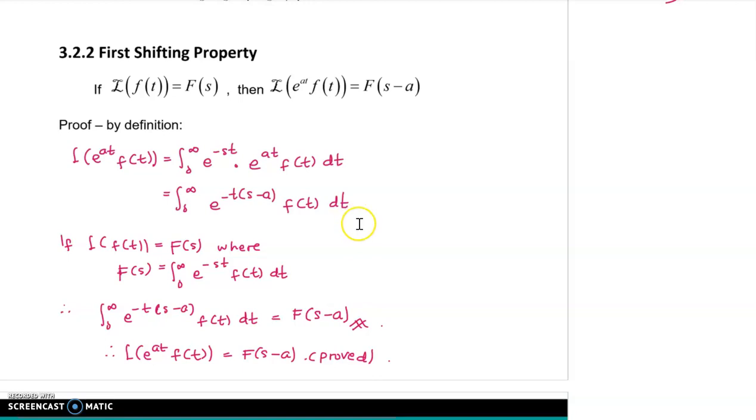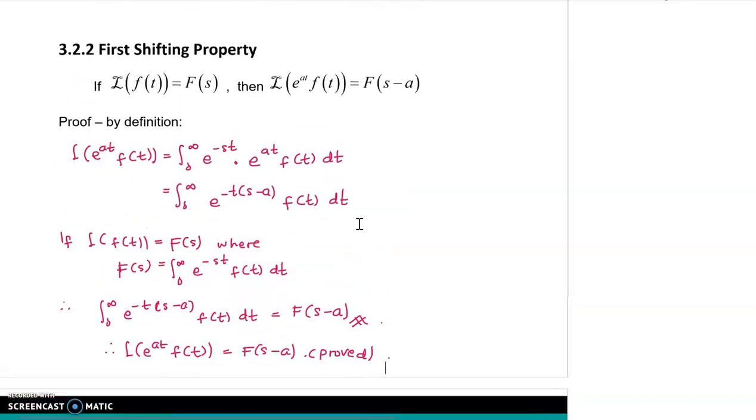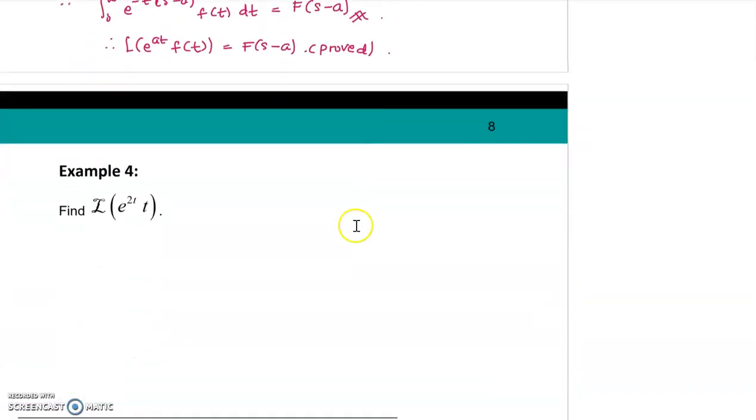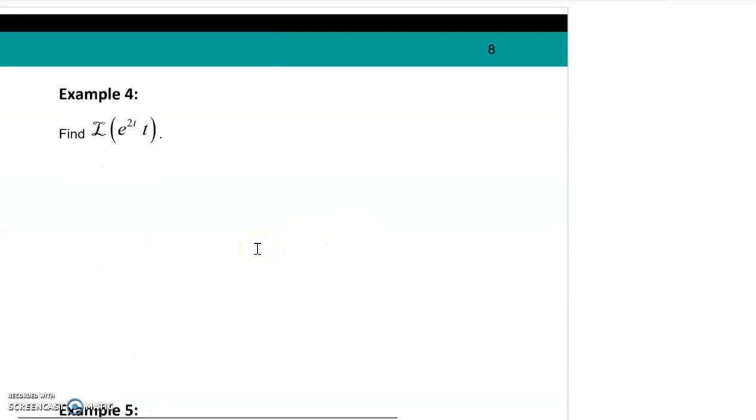I'm going to go straight to the example where we apply the first shifting property. Example 4 here: find the Laplace of exponent 2t times t. So this function here, we want to map to the Laplace of exponent at f(t), which by the table is F(s minus a).